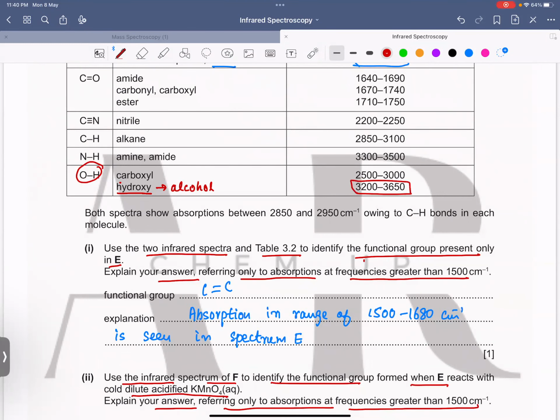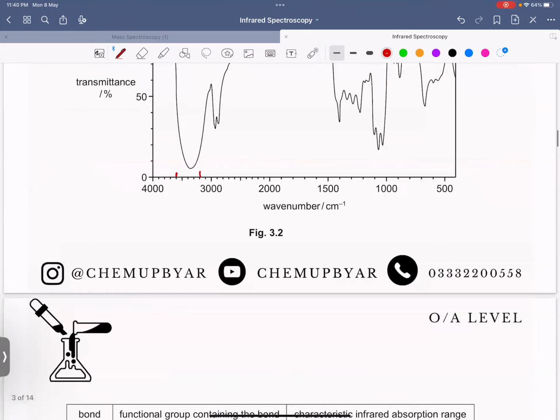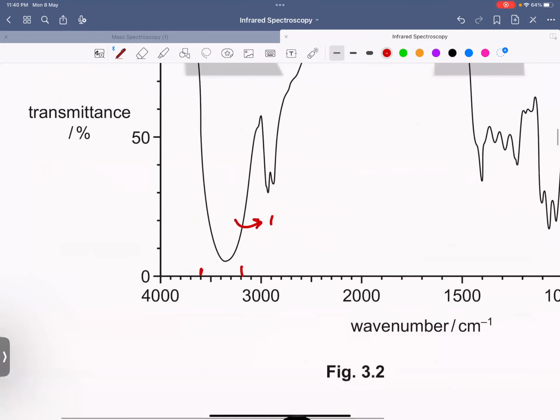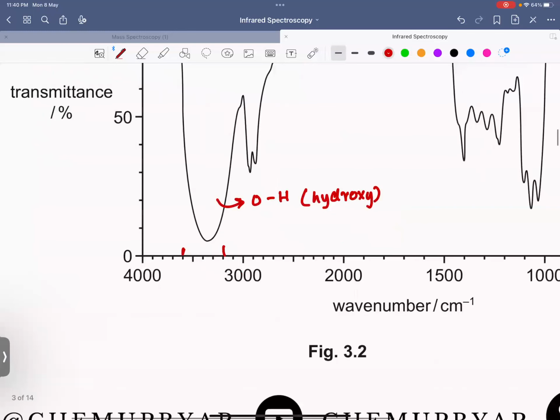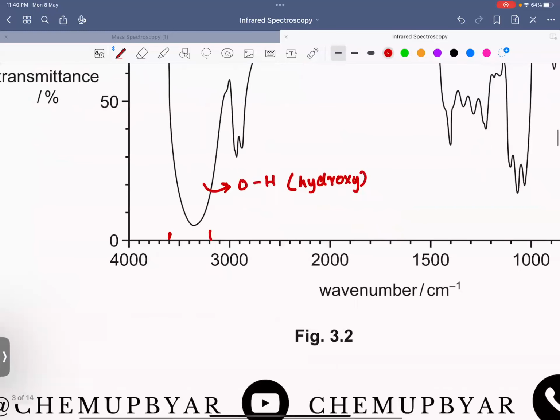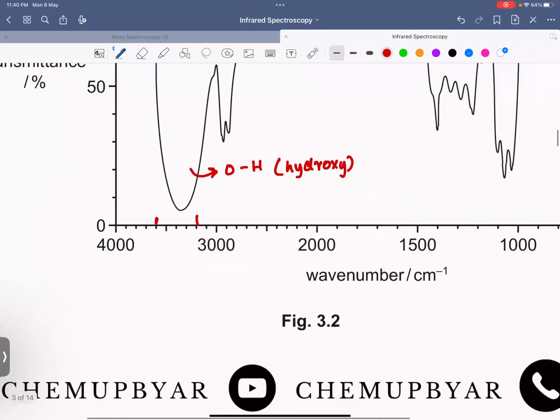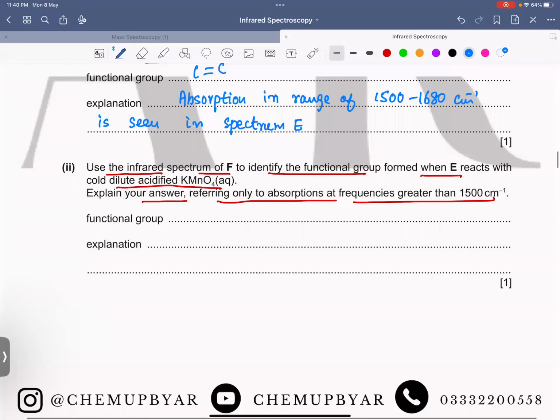And see, we are getting this peak over here. So this peak is of OH of alcohol or hydroxy OH, not carboxy OH. Okay. So I can either write hydroxy functional group or I can write alcohol functional group.